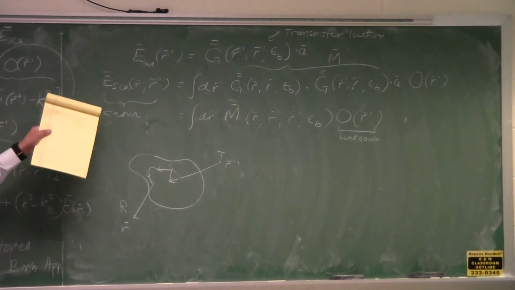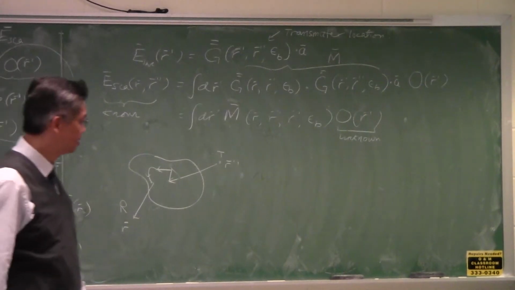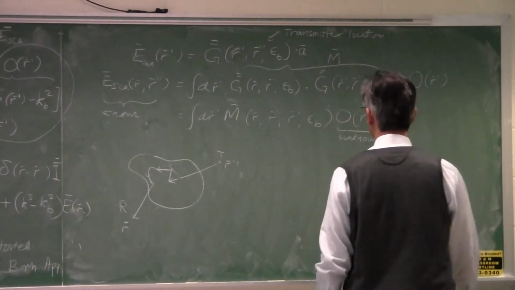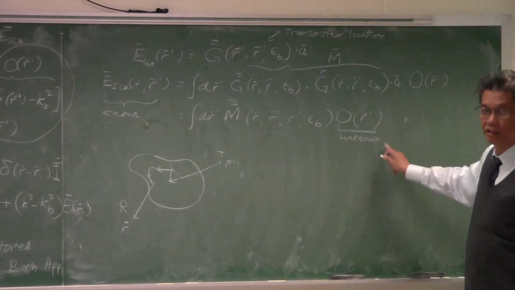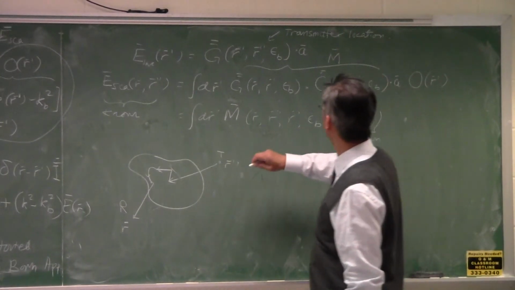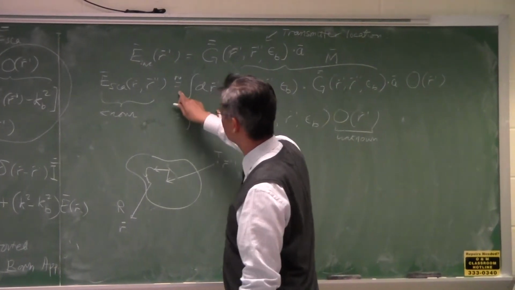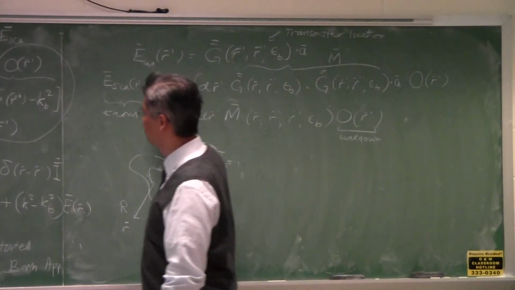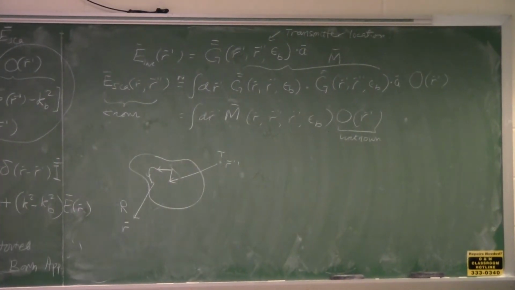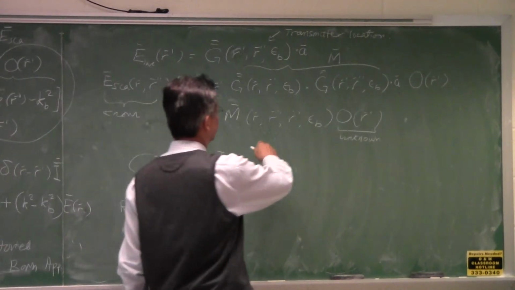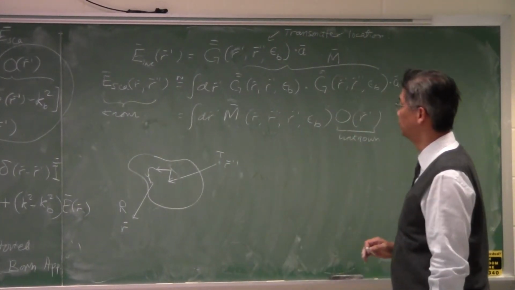So I can perform the experiment with different R and R double prime to get the left-hand side. And I only need to evaluate this. This is, of course, an approximation called a distorted Born approximation. I get the distorted Born approximation by replacing this with E incident. Okay, when it's replaced with E incident, I get this.